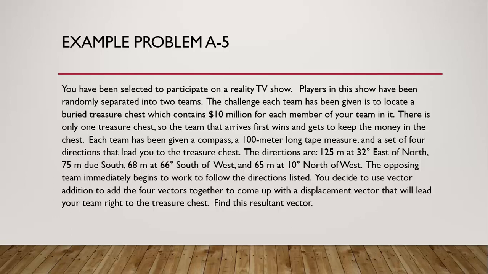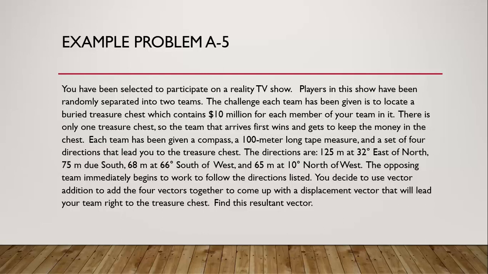So not only have they given you these directions, but 3 out of these 4 directions are not really helpful in a compass anyway because of the way a compass measures direction. The opposing team immediately begins to work to follow the directions exactly as specified. Your team has decided to use vector addition to add the vectors together and come up with the displacement vector that will lead your team directly to the treasure chest without going through all 4 paths.